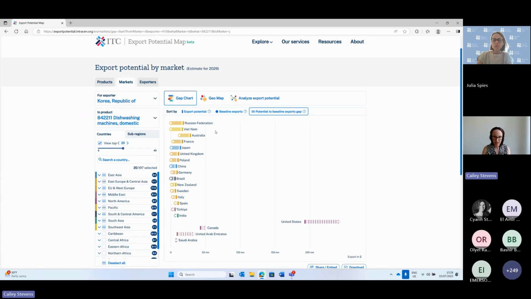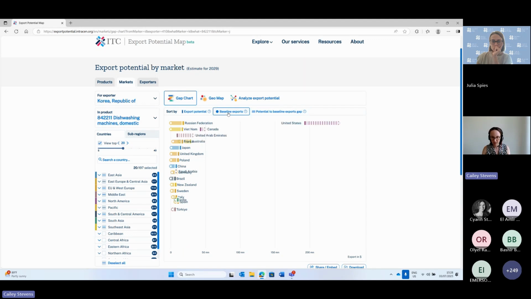And as you can see, the countries that have the most room for growth are the Russian Federation, Vietnam, Australia, France. But we may also see that the country where most of South Korea's dishwashers are currently headed is the US. This little circle here indicates baseline exports.